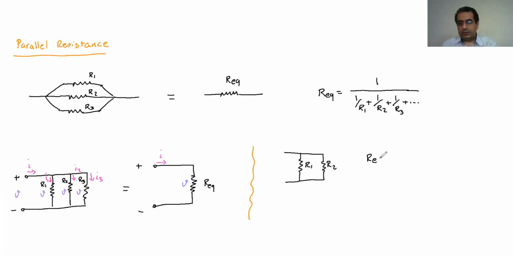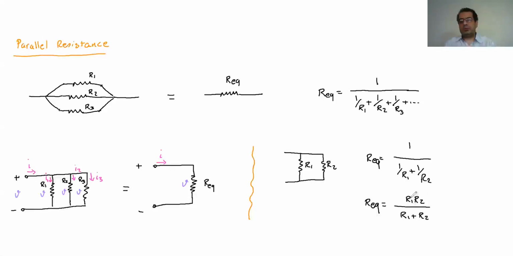The equivalent R is the same as this equation, 1 over (1 over R1 plus 1 over R2). And if you simplify that equation, what you get is R1 R2 divided by R1 plus R2.